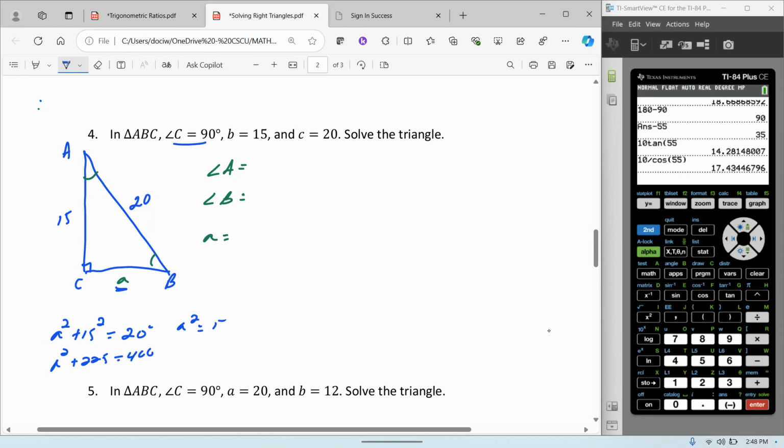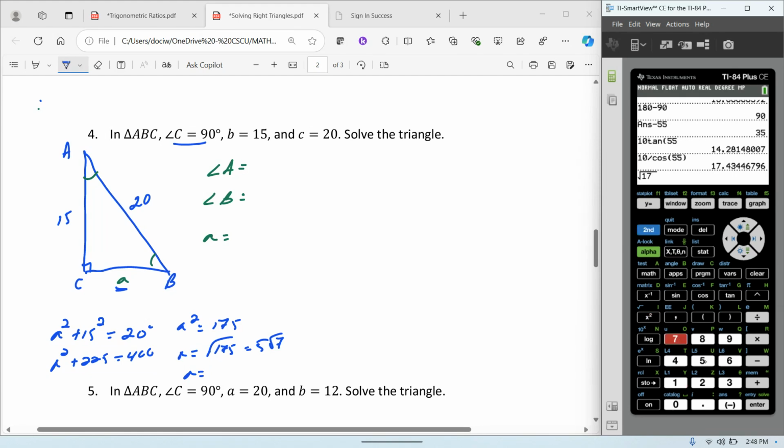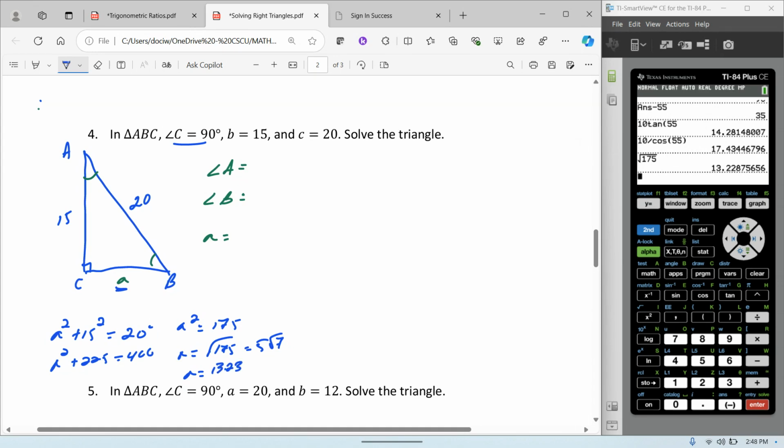So A squared is 175, and A is the square root of 175, which I could either call 5 root 7 or the square root of 175 is 13.23, depending on if we want the exact value or the decimal approximation. So that's one way that I could find A. It's probably the way I would recommend finding A.